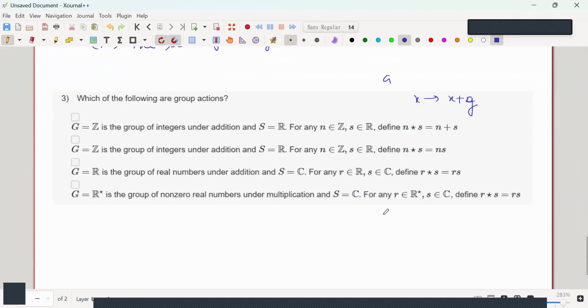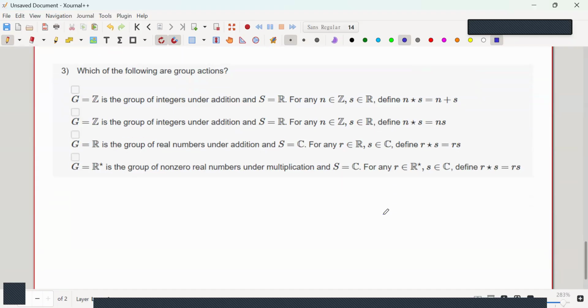There we have a map from g cross x to x, so g is your n and x is your s. That was also an action, just scaling some point, but that is not a group action because it doesn't come into the nice framework that we have designed as a tool to study other properties.